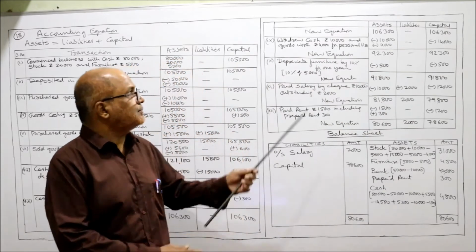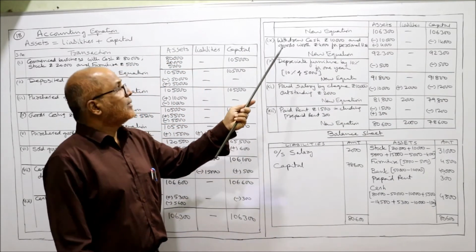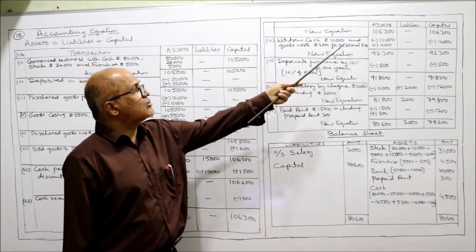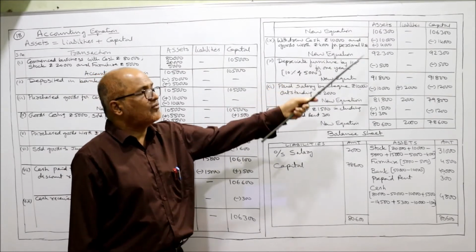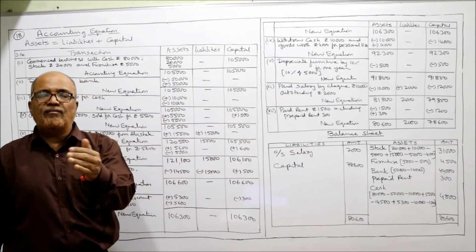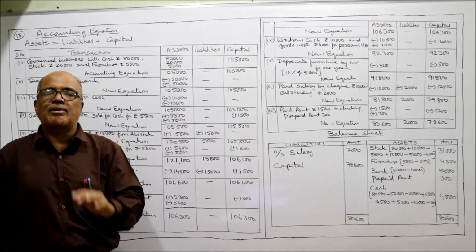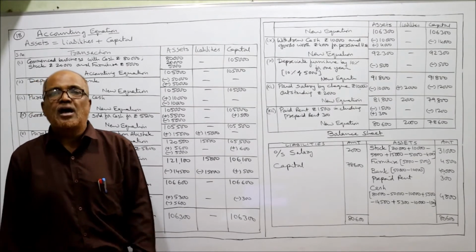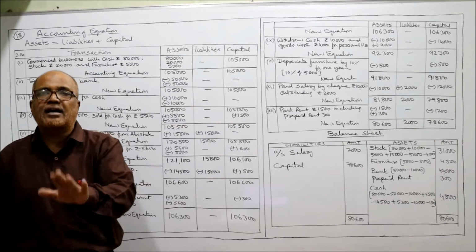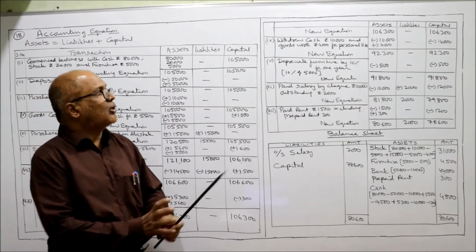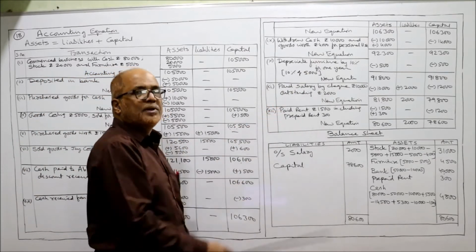Now I am coming to the next one. Ninth one: withdrew cash 10,000 and goods worth rupees 4,000 for personal use. When the owner withdraws cash or goods from the business, it is called drawings, and drawings will be deducted from capital. So total 14,000 rupees are the drawings.